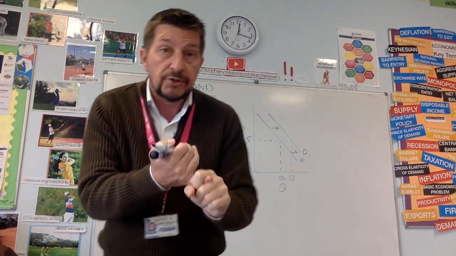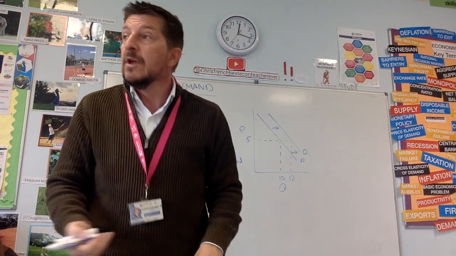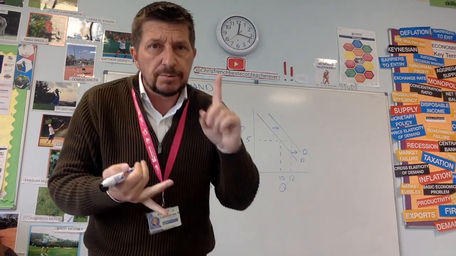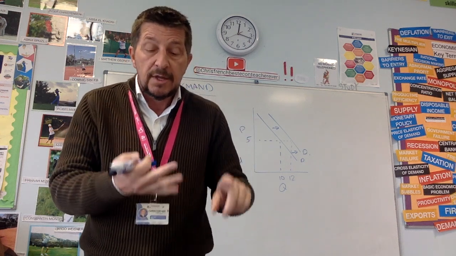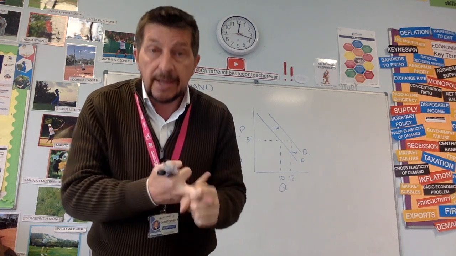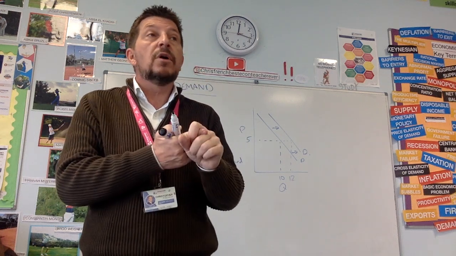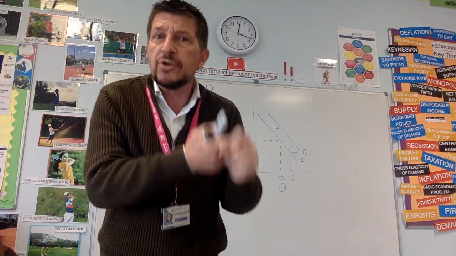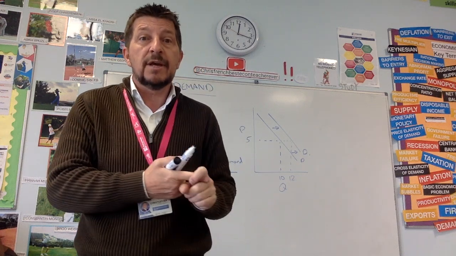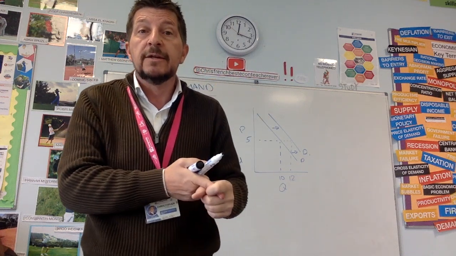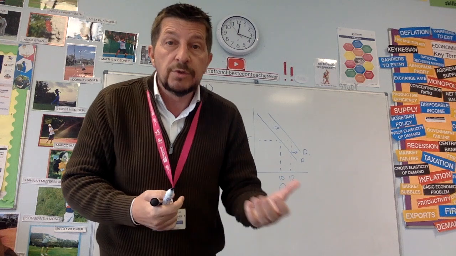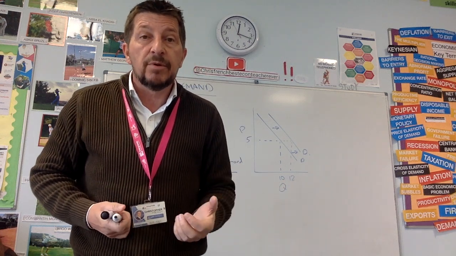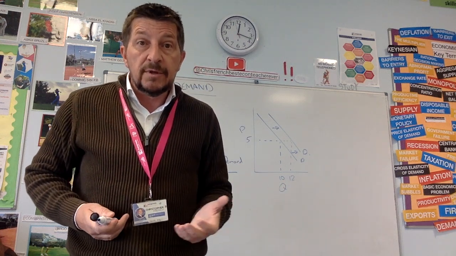Right? So we see this shifting of the demand curve. So we've got a change in the price of substitute goods. We've got a change, and not just substitute goods, but complementary goods as well. We've got a change in people's incomes, and we've got lots of smaller external factors as well, like the example of increased marketing or good news concerning that particular product within the economy.